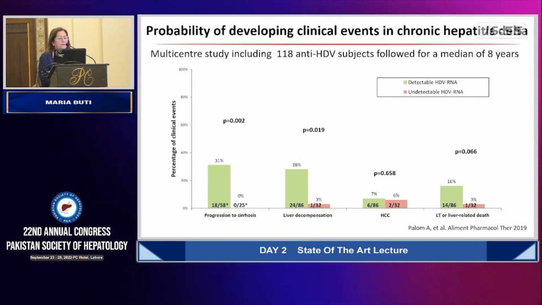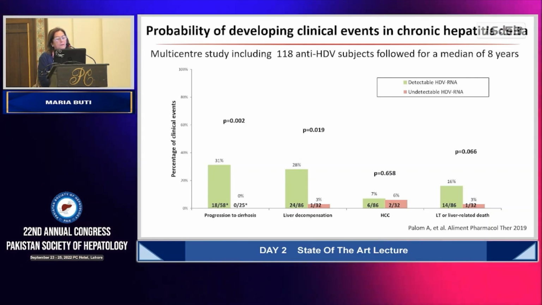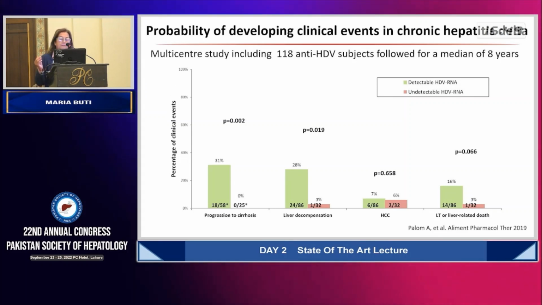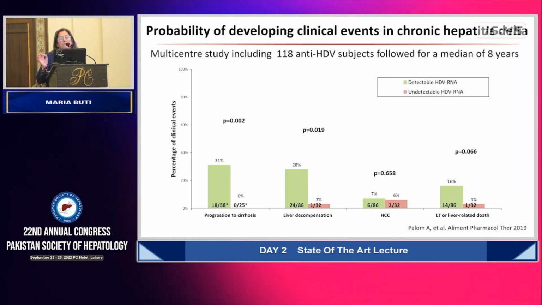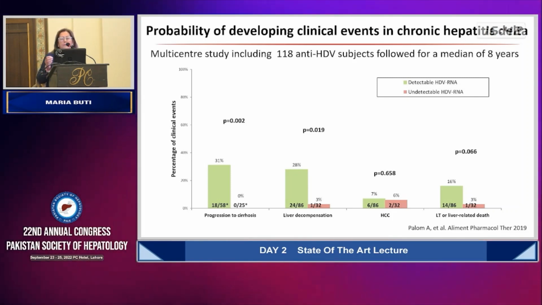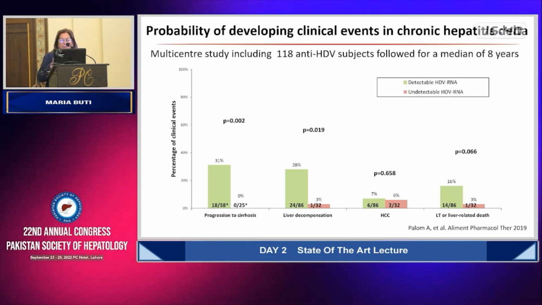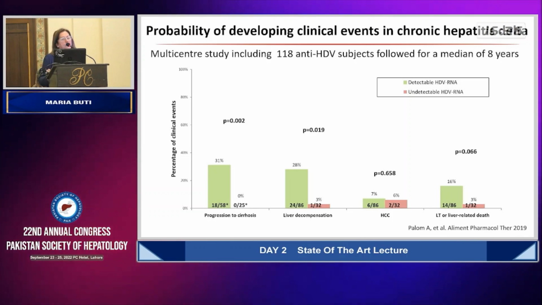In the green columns, you can see the progression to cirrhosis, liver decompensation, HCC, and liver-related death for those patients with detectable viremia, and this is much higher than the brown columns that show those with undetectable viremia.